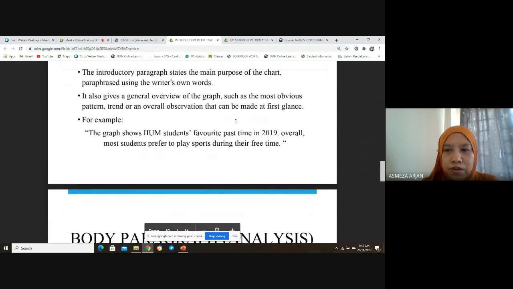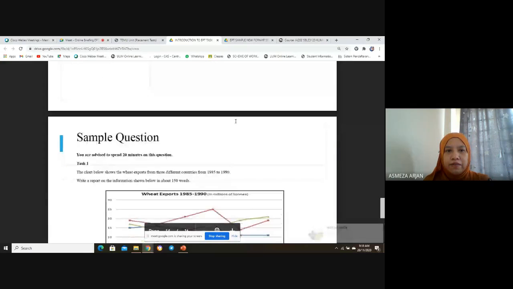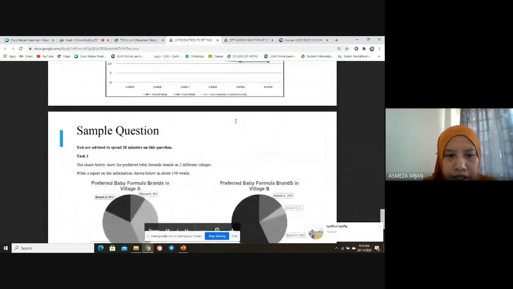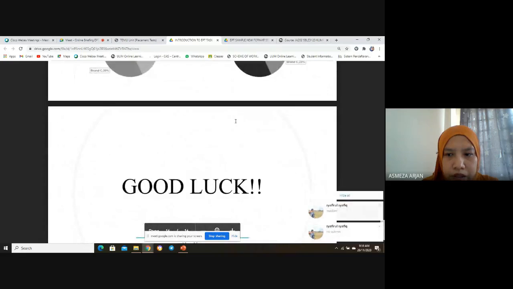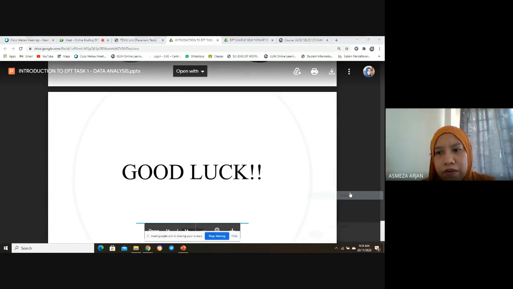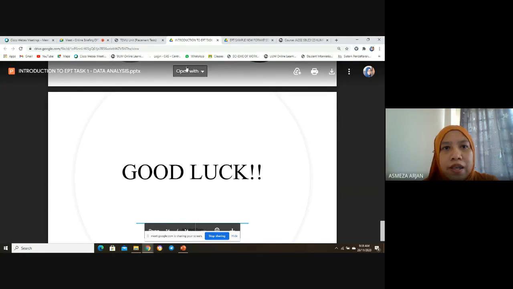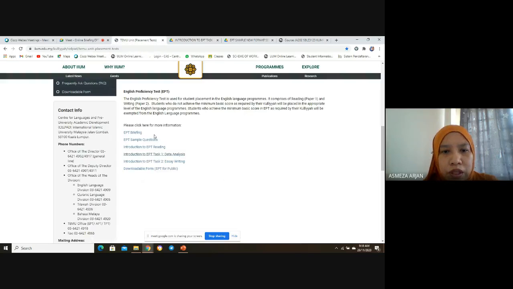Here you can look at the conclusion. These are the examples given. Sample question and sample. All right. So that is for task 1. Same goes with task 2. You will be given the same kind of slide to go through for your task 2.